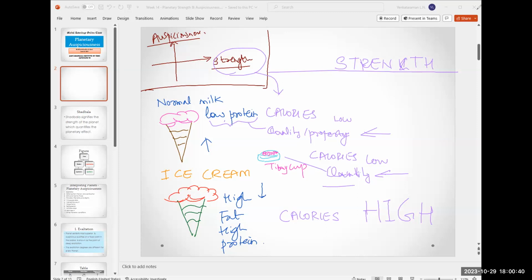The other thing on the side is a very small cup where the quantity of the ice cream is less. Even if we take it from the high calorie content, since the quantity is less, the strength or the calorie will be lower. You are taking less quantity.